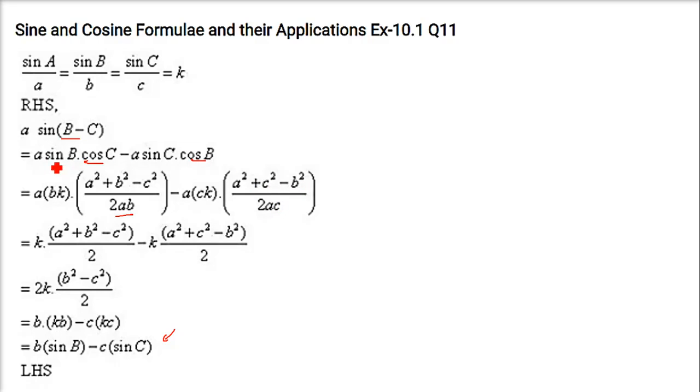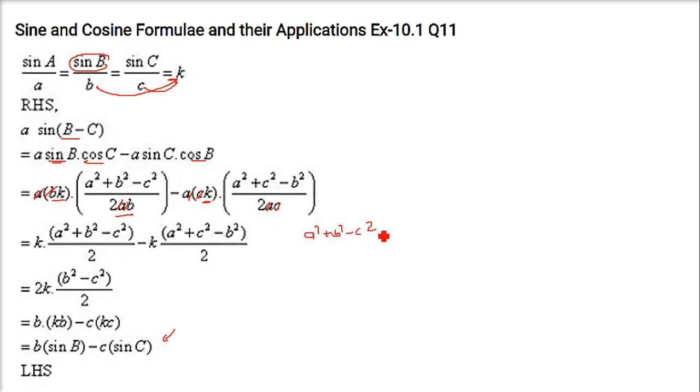Now this a sin B, here sin B can be written as b into k, exactly what we have done. Now sin C can be written as c into k, exactly what we have done. So now this b gets cancelled, c gets cancelled, and then you can just add them, take k common. When you add them, a square plus b square minus c square, a square plus b square minus c square.